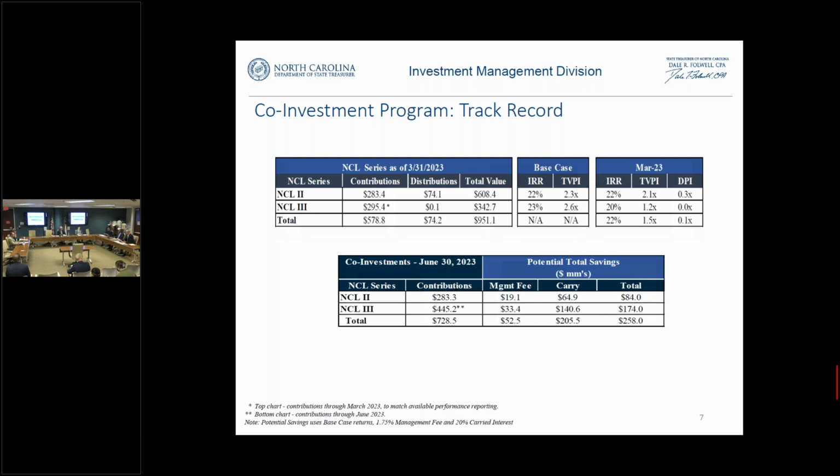We have one, a large one, that we're already at 2.4x. We made a $115 million investment, we have $63 million back, and we still have NAV left. So yes, this does give us a chance.